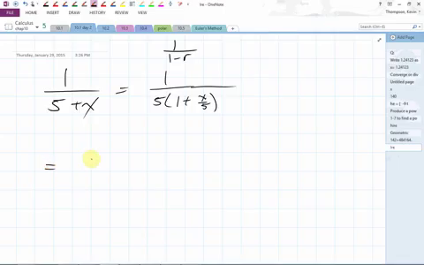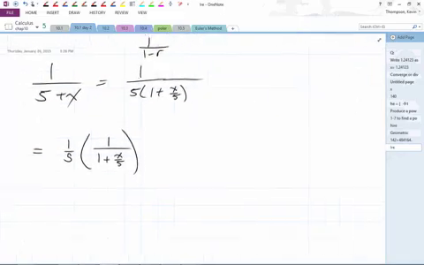But then I can do this. These are just fractions, right? So I can mess with them like I could any other fraction. Are we good at this step?